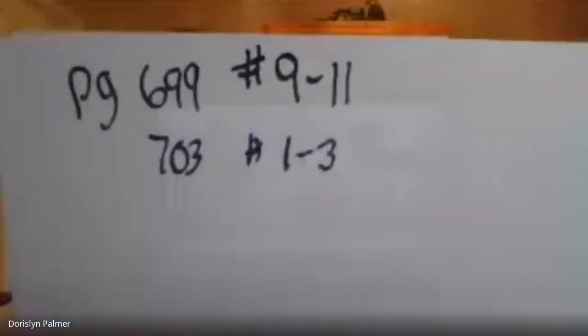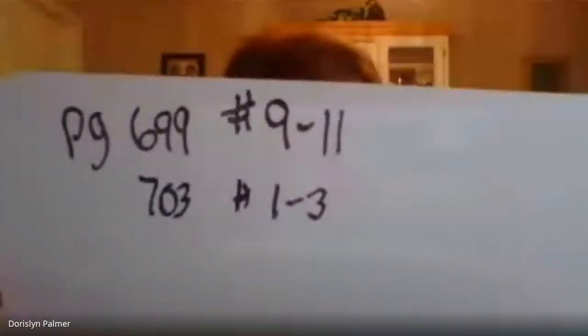And then page 703, numbers 1 through 3. Okay. 699, 9 to 11, 703, 1 to 3.